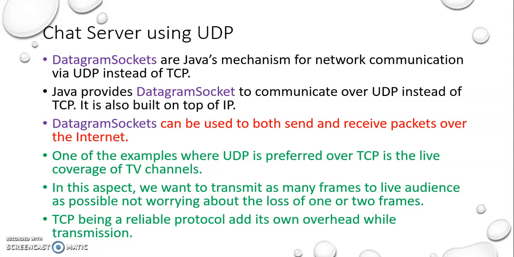So there are several examples where UDP is preferred over TCP. So that is the live coverage of TV channels, where we want to transmit as many frames to live audience as possible, not worrying about the loss of 1 or 2 frames, TCP being a reliable protocol and its own overhead while transmission.